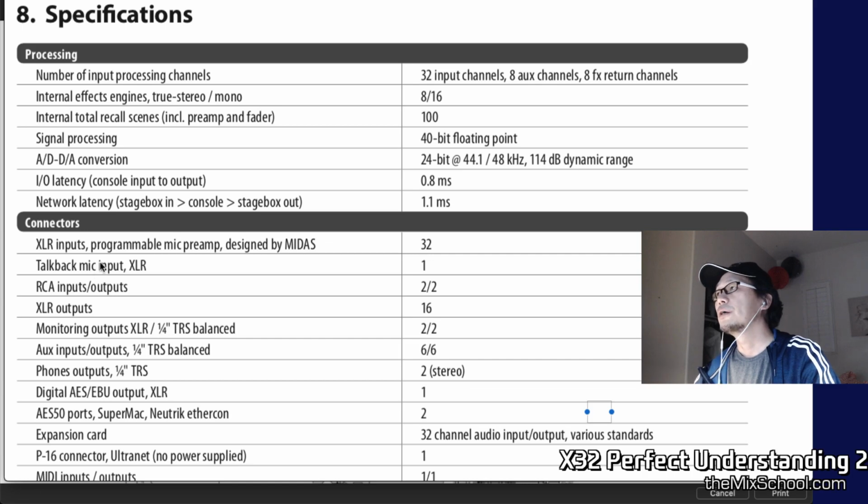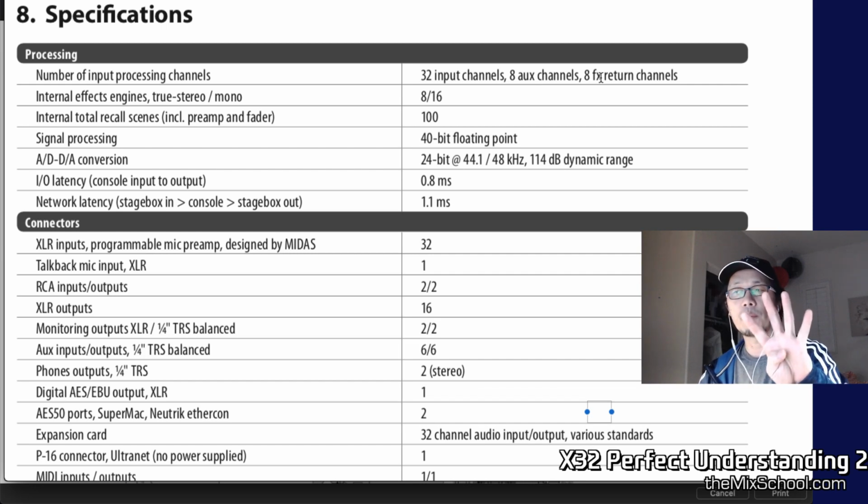Okay, so 32 input channels and 8 aux channels. Aux means extra, auxiliary. That's a hard word. Auxiliary input, okay, and 8 FX return channels. There are 4 internal effectors, right?